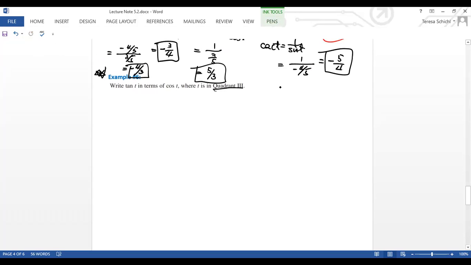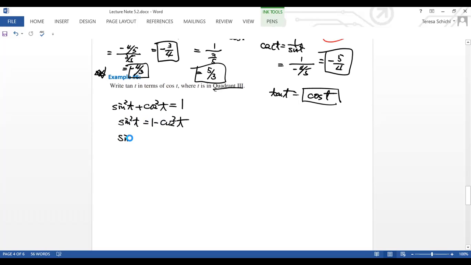Okay, so I want the tangent t to be some type of function of cosine t. All right, let's see how we do that. How do we use identity? So first thing I know by Pythagorean, sine squared t plus cosine squared t equals what? Equal to 1. Right, so now I know the sine squared t is equal to 1 minus cosine squared t. So far, so good.